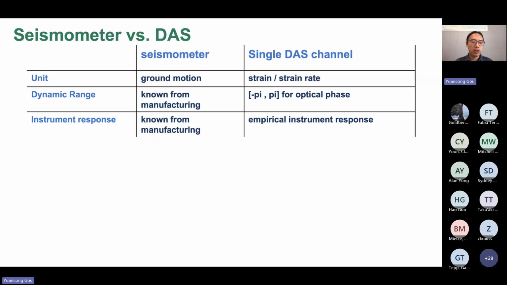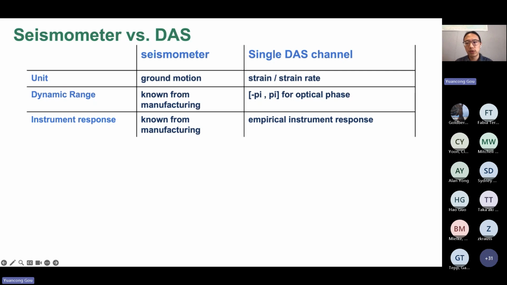For a seismometer, we know the dynamic range and the instrument response because when we design a seismometer, we know them from manufacturing. But for DAS, for the dynamic range, in principle, we are measuring the optical phase change. So if it's in phase unit, it will be minus pi to pi.